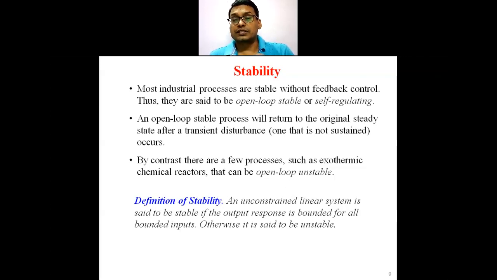Whatever Kc values, that is the gain values, and time constants I give, my response will either stay within the boundaries or go beyond them, that is, bounded or unbounded. So a non-oscillatory process may exhibit oscillations if I select the wrong values of the gain or integral time constant.